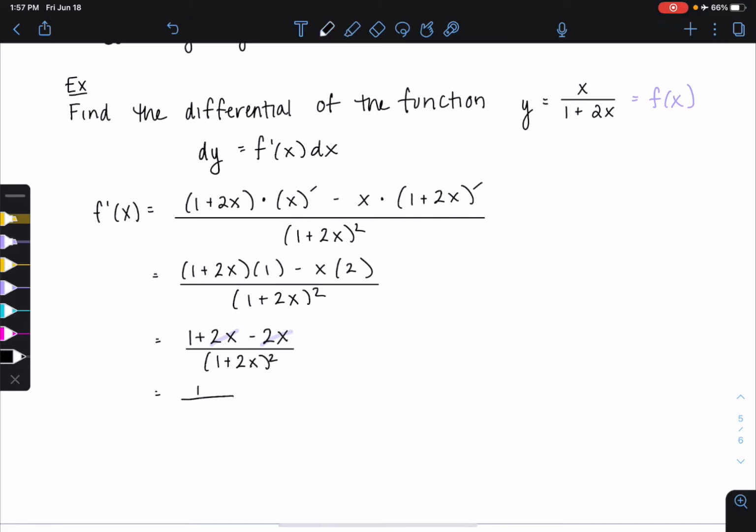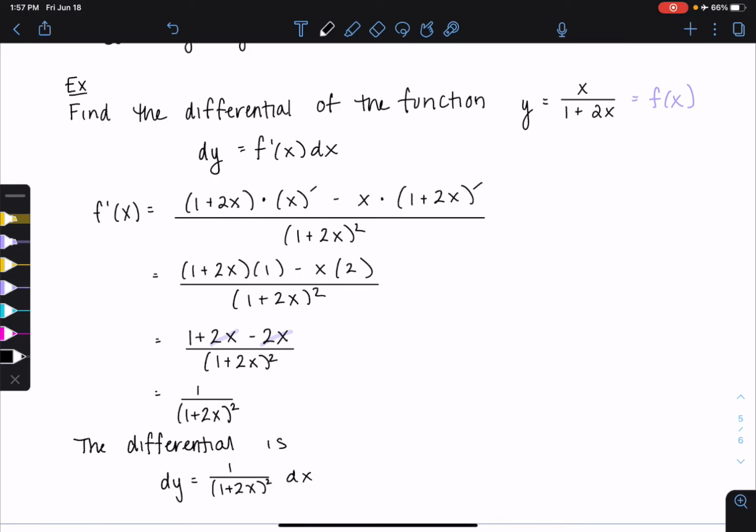Our derivative is 1 divided by (1 plus 2x) squared. So ultimately, the differential is dy equals 1 over (1 plus 2x) squared times dx. And so then I could go ahead and utilize this formula to find the differential at any specific x and any specific change in x value. Okay.